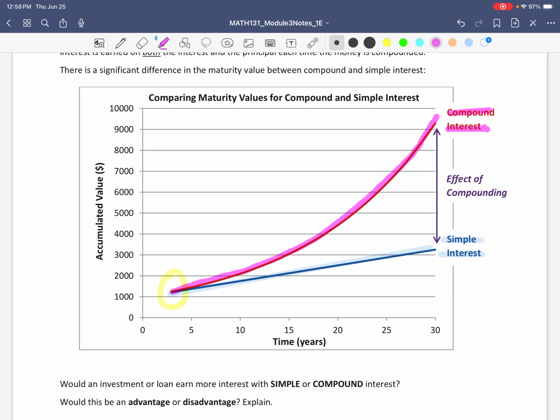And you can see the difference of compounding versus simple interest. So if we are investing our money, that money is growing much faster if we invest it with compound interest. And again, in this graph, we're looking at years and then that accumulated value, which is sometimes referred to as a maturity value.